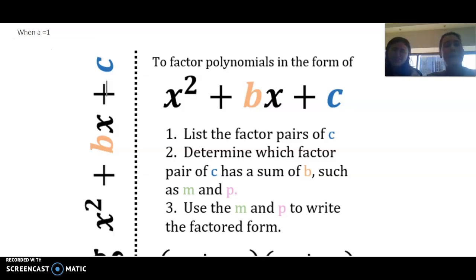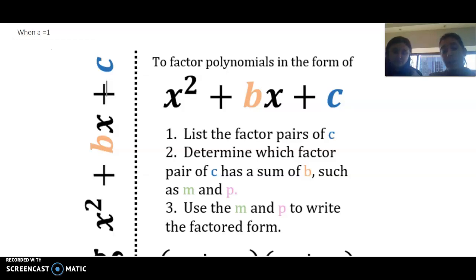Oh yeah. So before we get started, just a little review. If you remember, before we left for spring break, we finished off with polynomials. We talked about what polynomials look like and how to graph them. We did a lot with our calculator. A polynomial looks like x squared plus bx plus c.